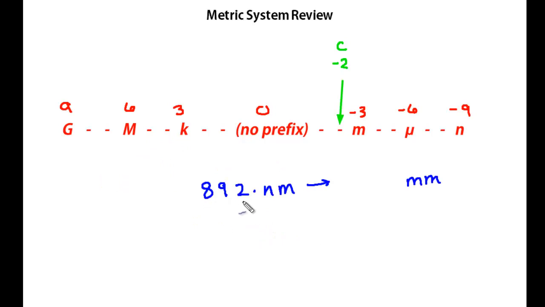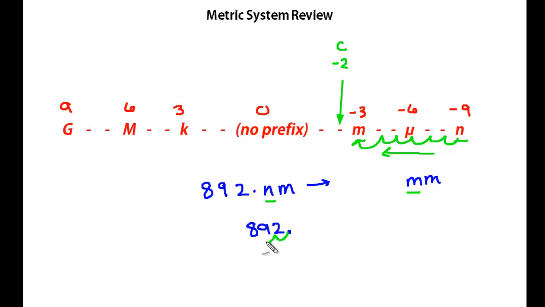Let's say I have 892 nanometers and I want to go to millimeters. Nano is right here, milli is right here. So I'm going to go 1, 2, 3, 4, 5, 6 places over on the number line, and I'm going in that direction to the left. So if I rewrite 892, put in my original decimal point, and I know now I'm going to move it 6 to the left.